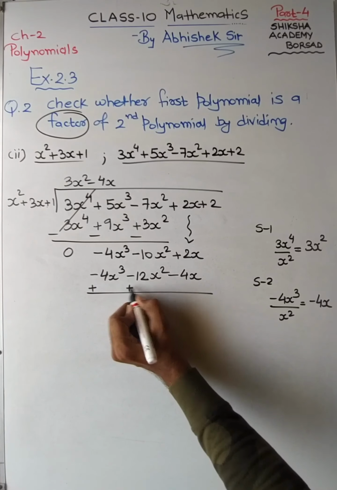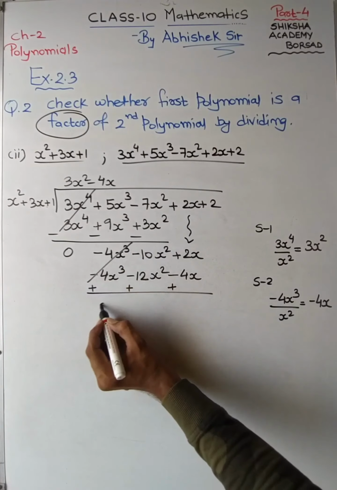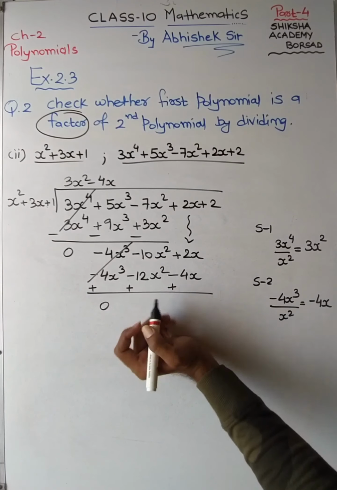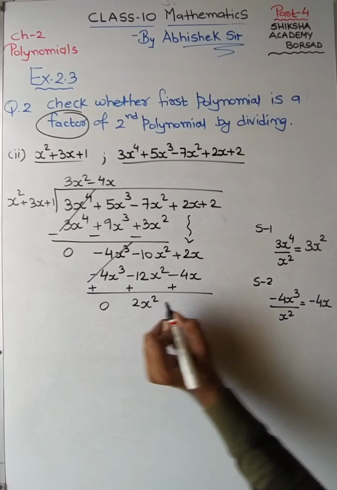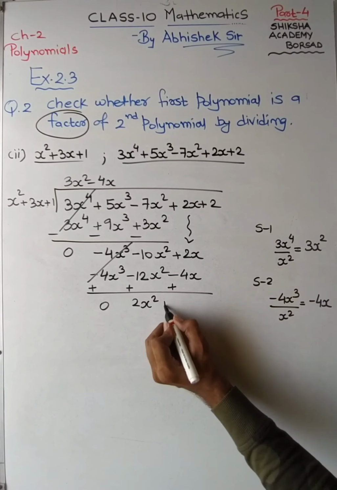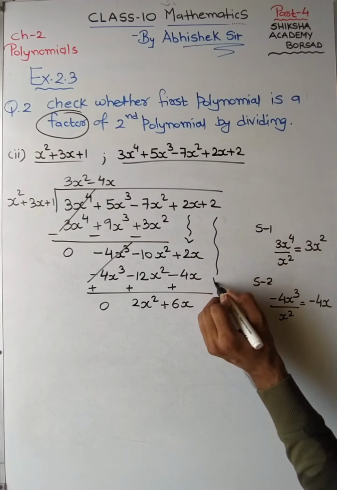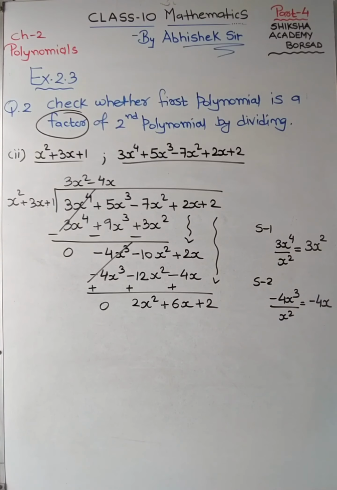Change the sign, cancel whatever is possible. Minus 10x square plus 12x square will give you 2x square. Plus 2x plus 4x will give you 6x, and 2 will be repeated.